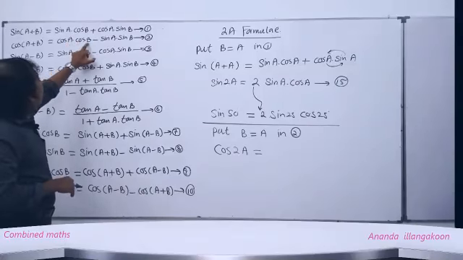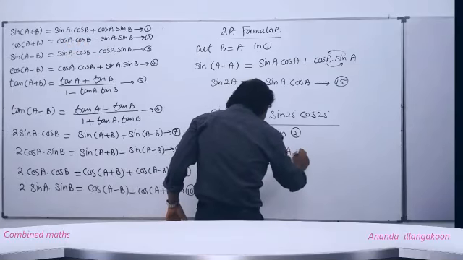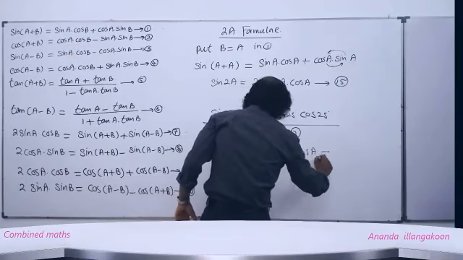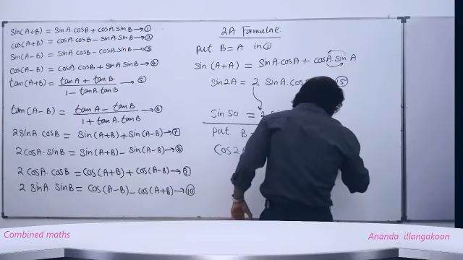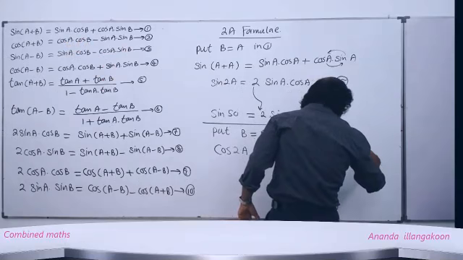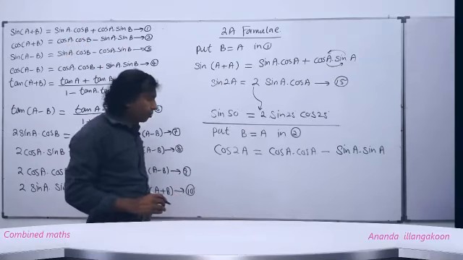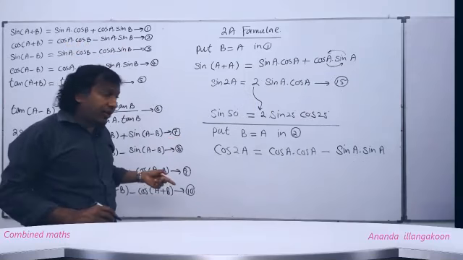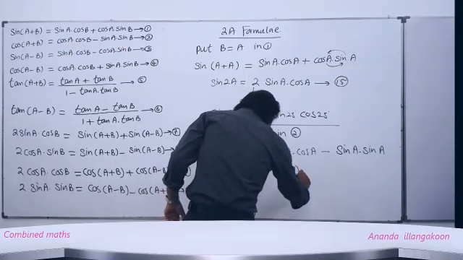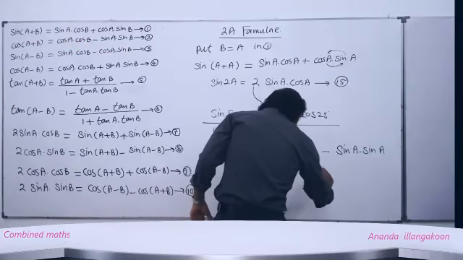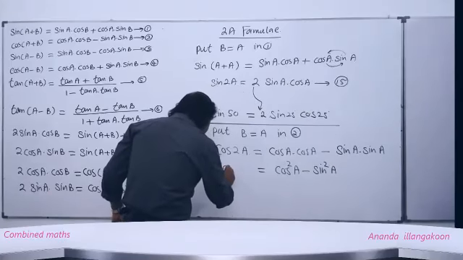Cos A, cos A, minus sin A, sin A. People, cos A, cos A, cos squared A, minus sin squared A. Then this is the cos 2A.